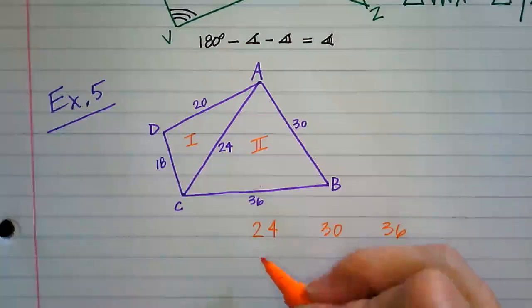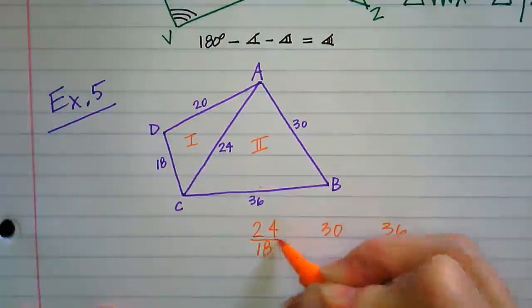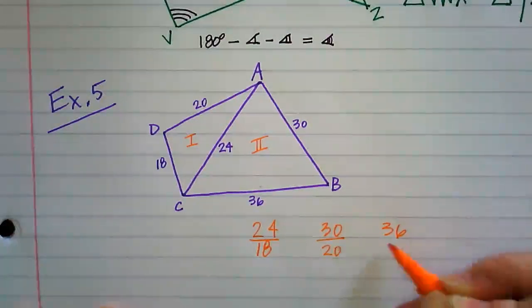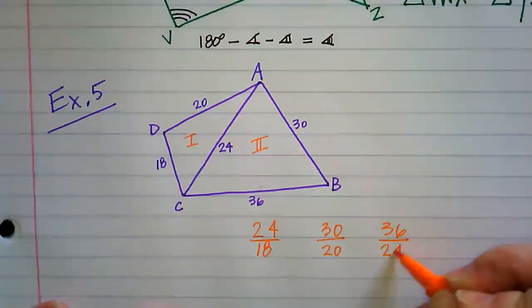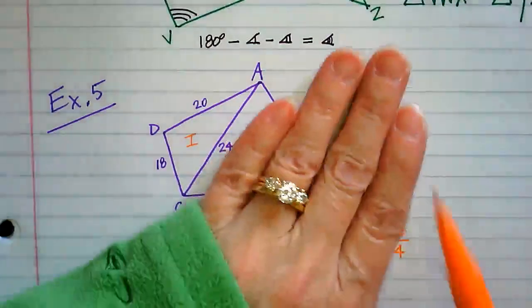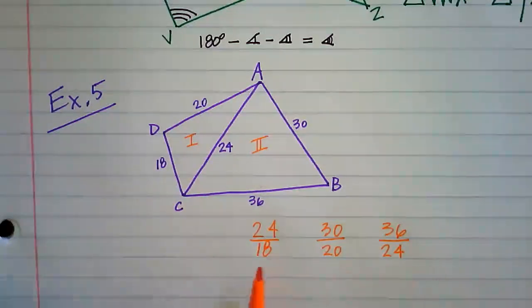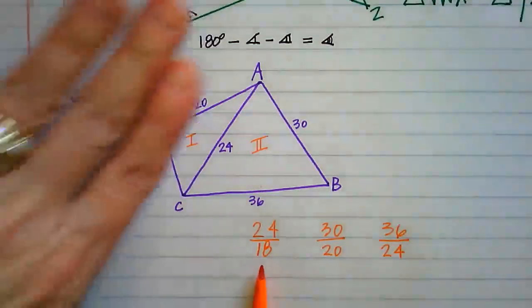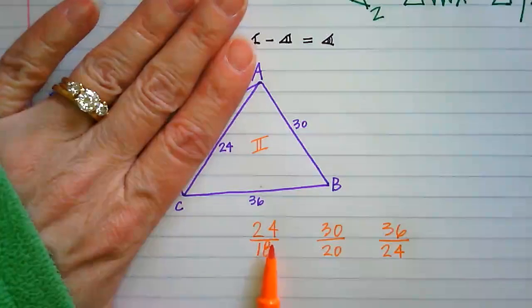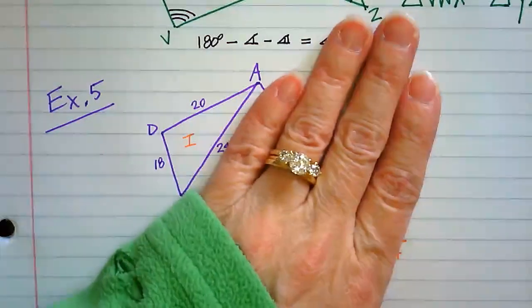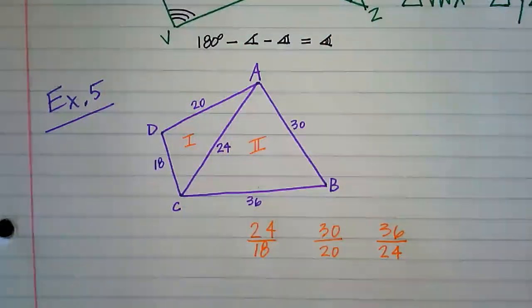So that would be 18, 20, and 24. So this way I can see that the side of this triangle that's 24 matches up to the side of that triangle that's 18. So later on when I need to get the letters, I'll be able to.